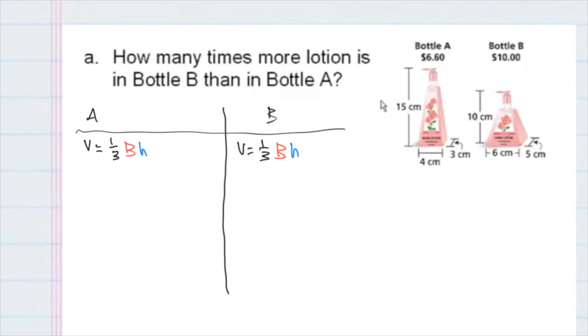So both of these bottles have a base that's a rectangle. So that means that we're going to be splitting this up into a length and a width.